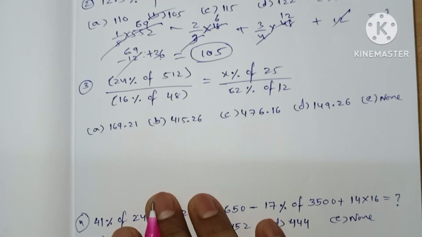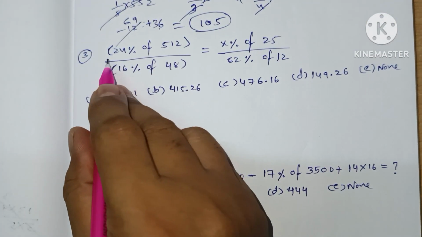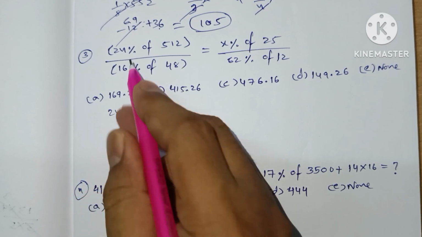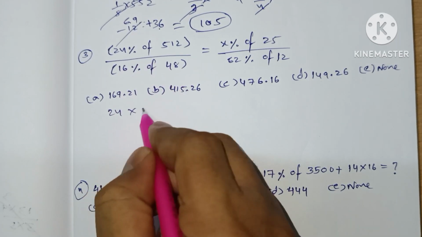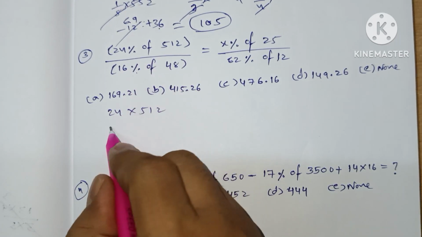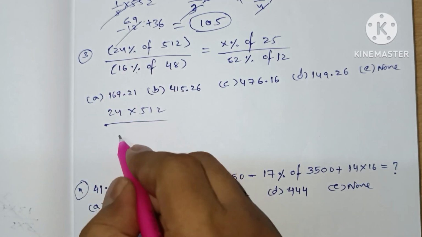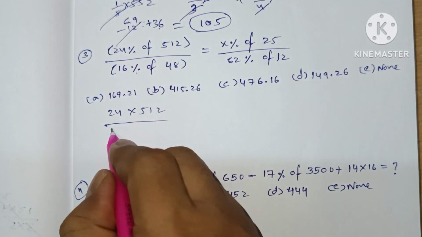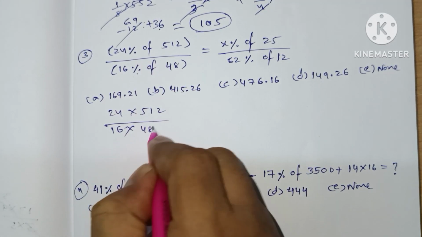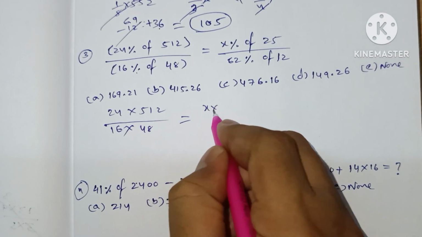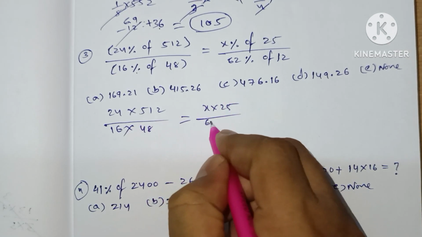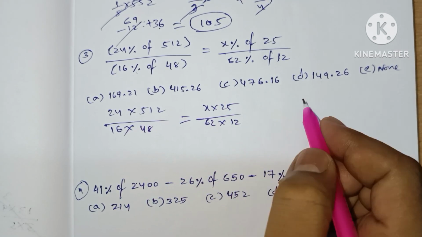Next, third question, 24% of 512. Here also percentage. So percentage cancels on the numerator and denominator. 16 into 48 equals to x into 25 divided by 62 into 12.